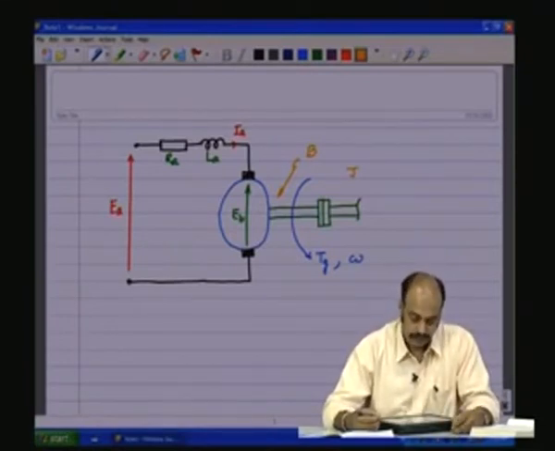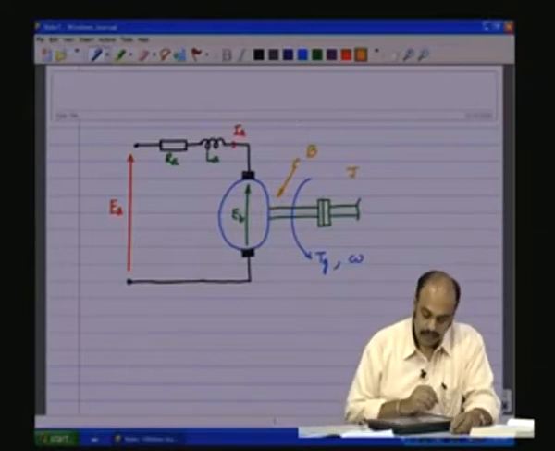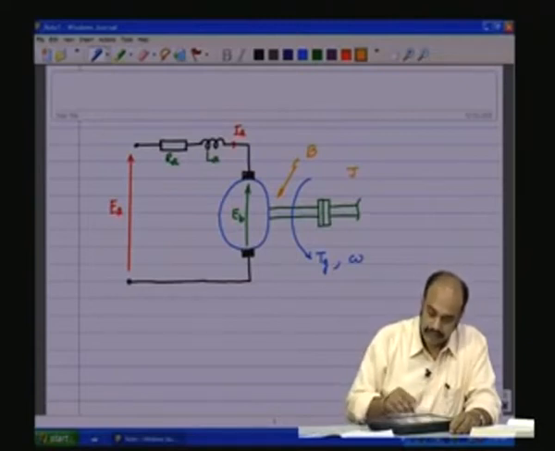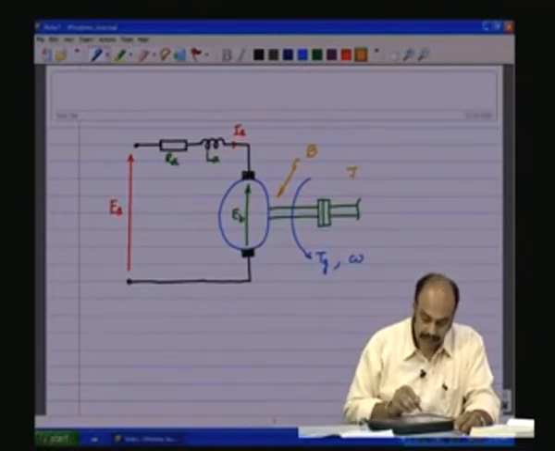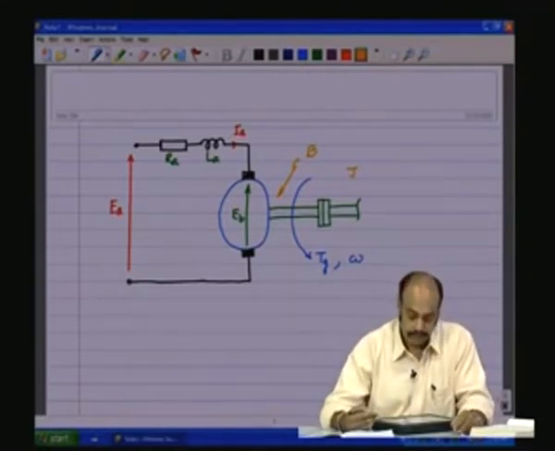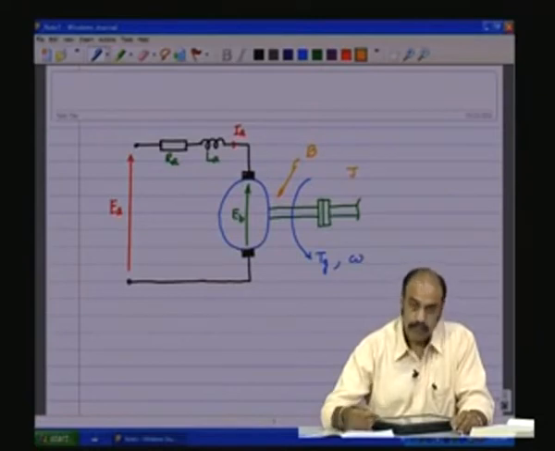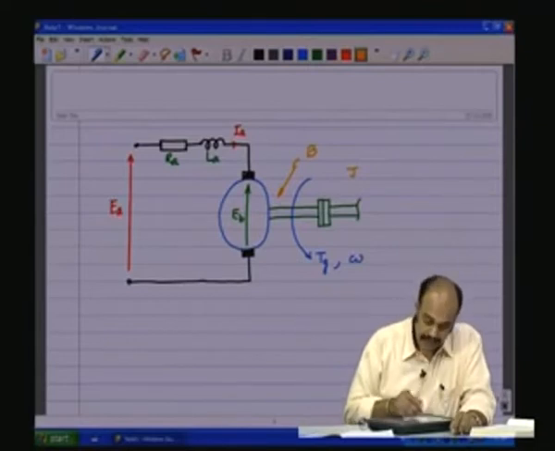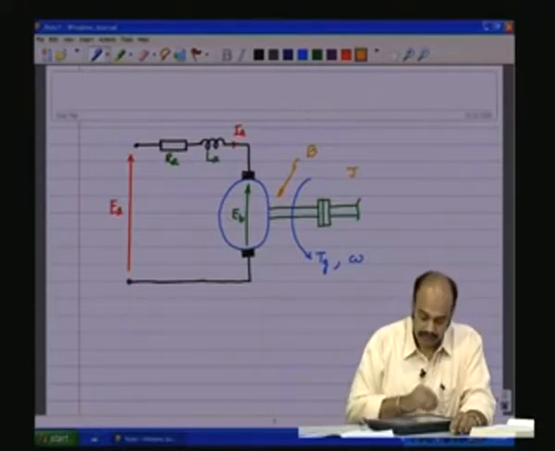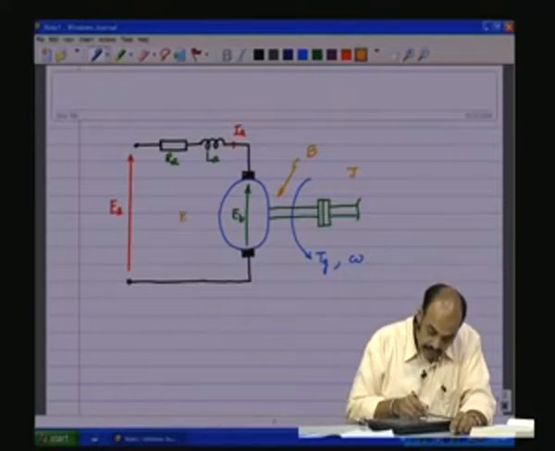Now, this is the electrical domain, and on the right side we have the mechanical domain. The link between the electrical and the mechanical domain is the motor. There is a back EMF, we said, and this back EMF can be expressed in terms of the mechanical domain state variable, and that is K phi omega.